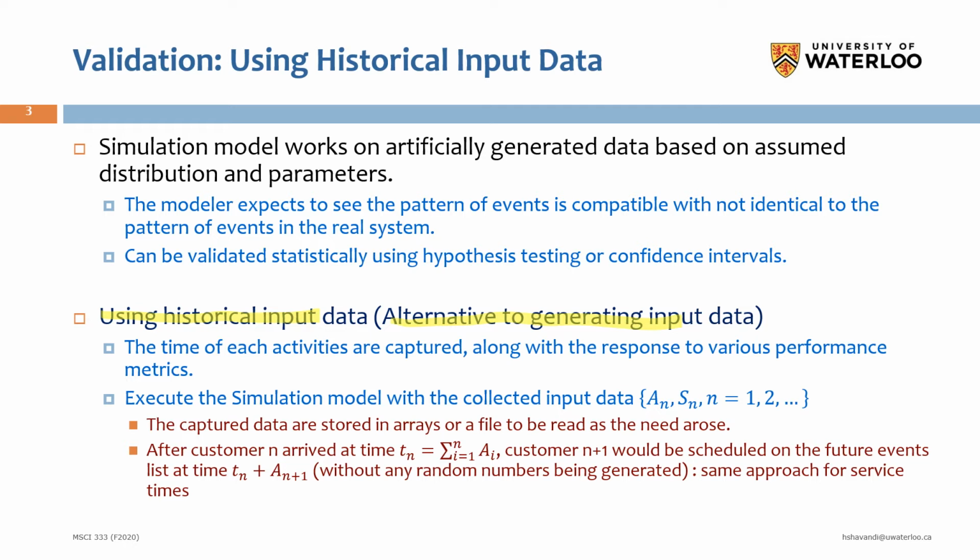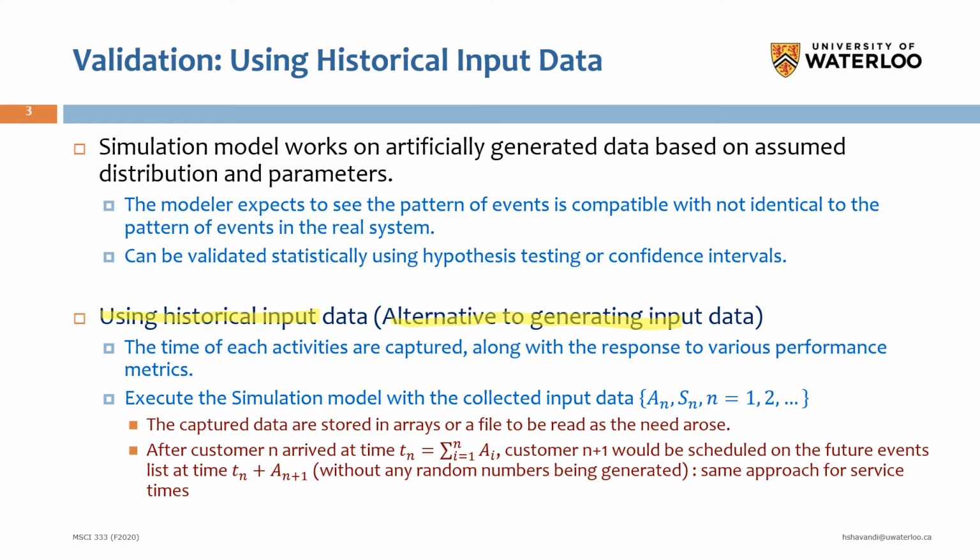Here, since we're feeding the exact values of interval time and service times from the actual system by having the historical data, we expect to have somehow the same results, right? The same output obtained by the simulation model in comparison with the real system, right?